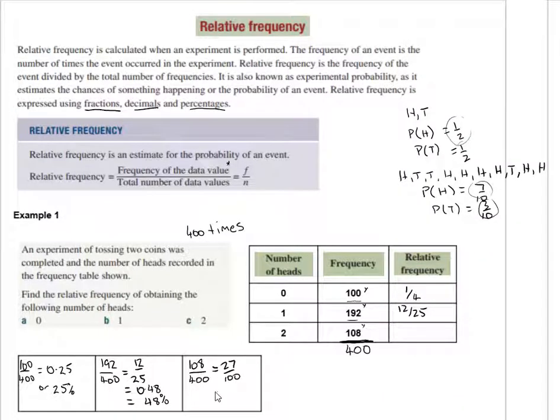That makes it easy for a decimal, which is 0.27, or 27%. So I'll write 27 over 100 here. Alright, let's see how you go with the worksheet.